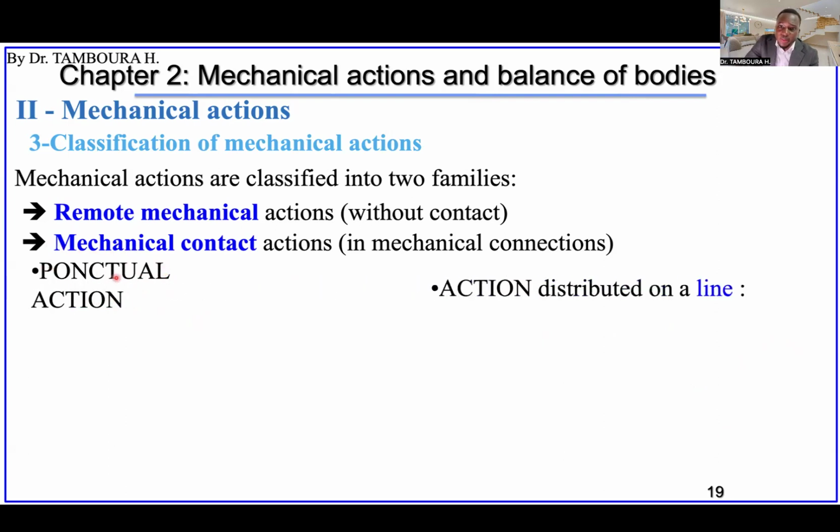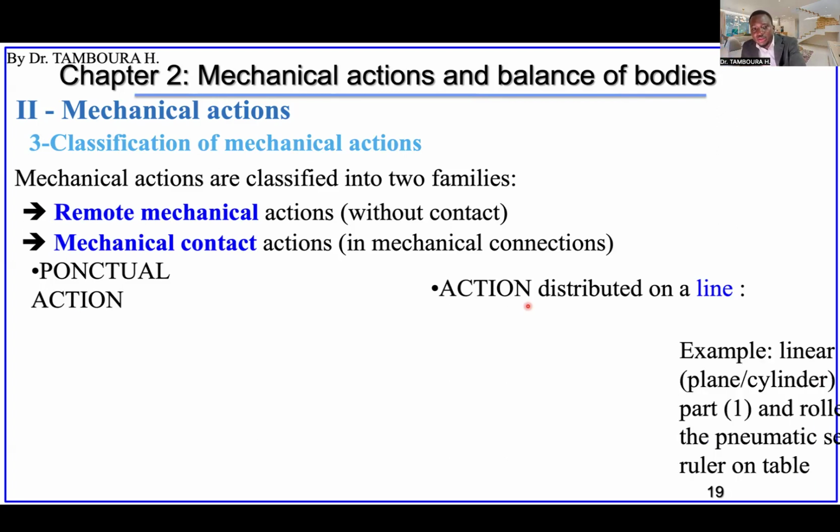The second one, we will see here, is action distributed on a line. This means you have many punctual contacts along a line.